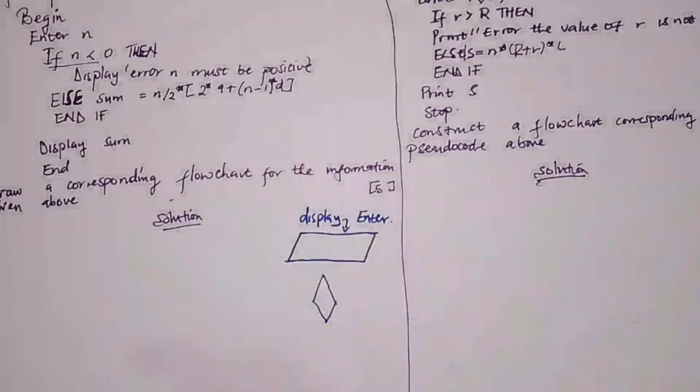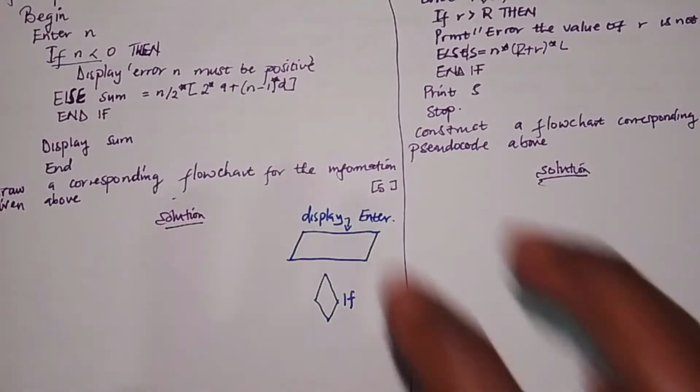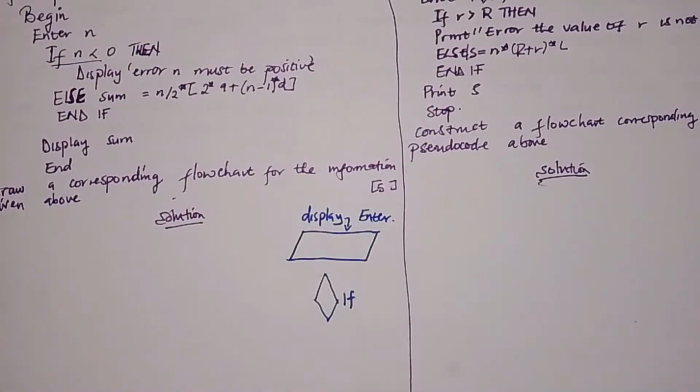So this is the second shape you need to understand. What you should put here is everything you see on if.